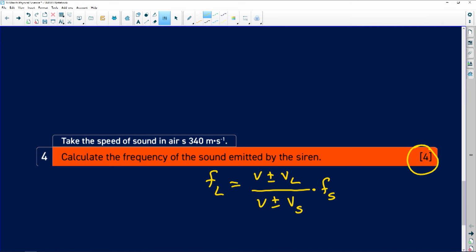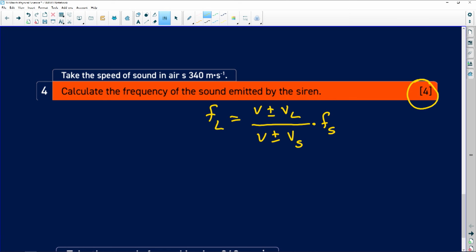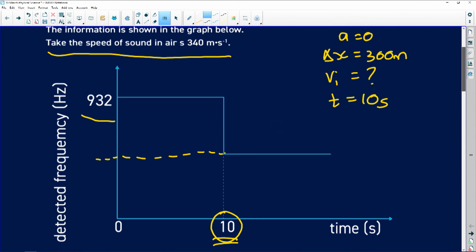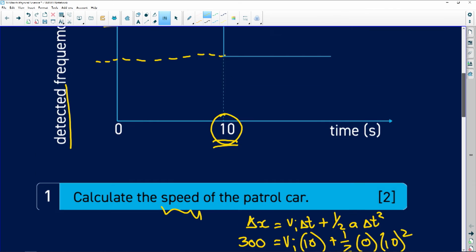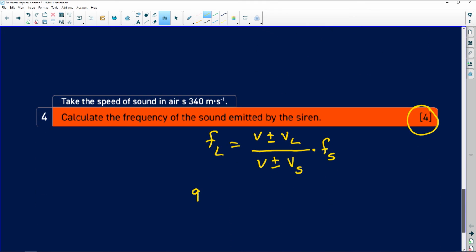So now let us try and substitute into that. The frequency of the listener, we're going to get that off the graph. Remember, they gave that to us as 932. So that was the detected frequency. That is what the listener is hearing, at 932 hertz. They told us that we must take the speed of sound as 340, so we substitute in 340.